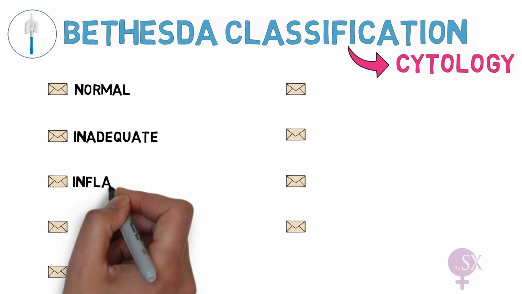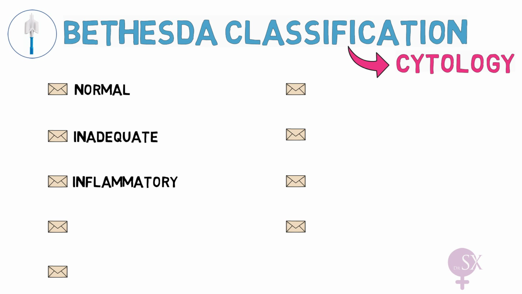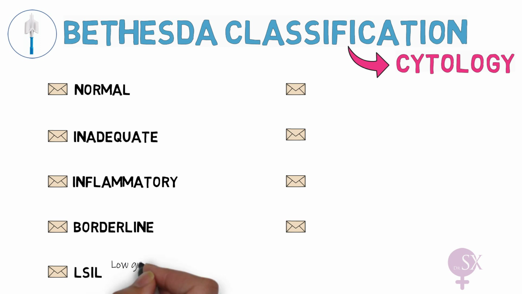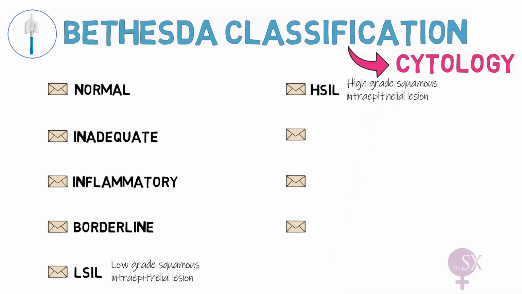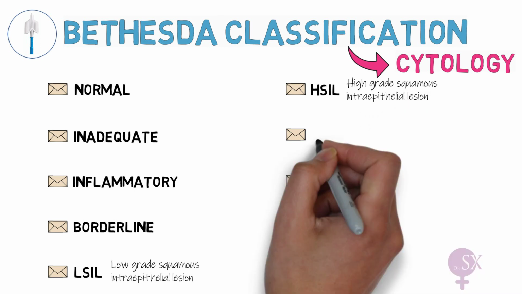It may be inflammatory due to an overlying infection, borderline, where the cytologist may have found difficulty in deciding whether the cells are normal or not, low-grade squamous intraepithelial lesion, LSIL. So over here there are abnormal changes of a low grade. High-grade squamous intraepithelial lesion, HSIL, abnormal changes of a high grade.